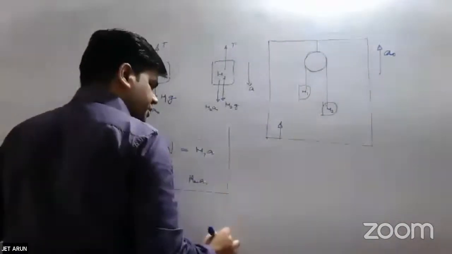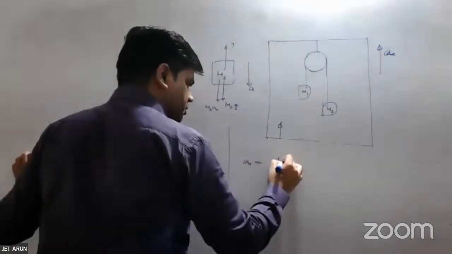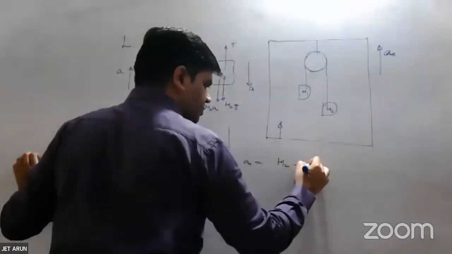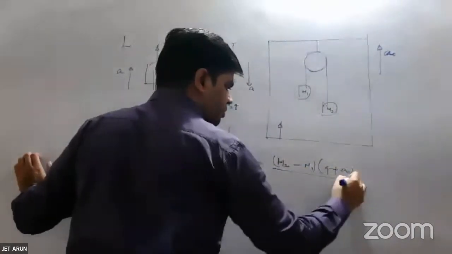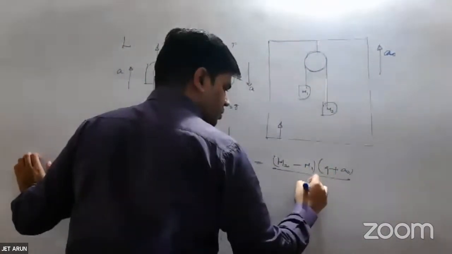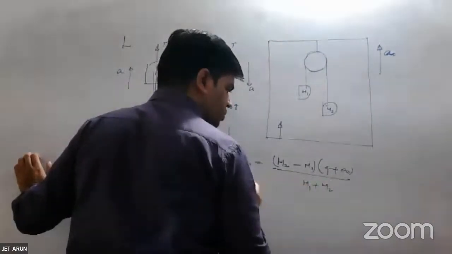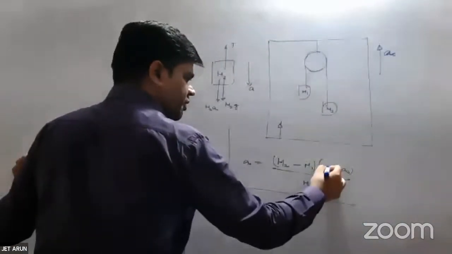I'll have acceleration as M2 minus M1 into G plus A naught by M1 plus M2.